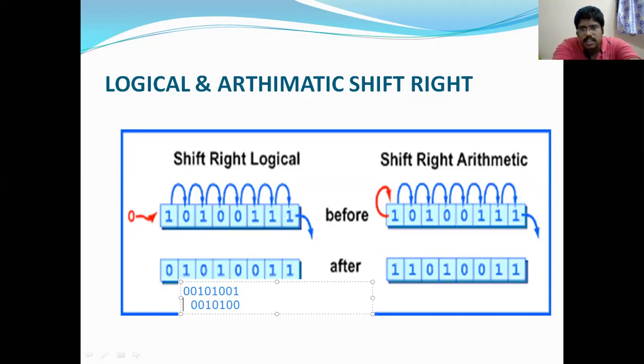That empty first position is going to be filled by default with 0. So this is the resultant sequence we will get after shifting the previous value with logical shift right. This is the thing that is going to repeat.